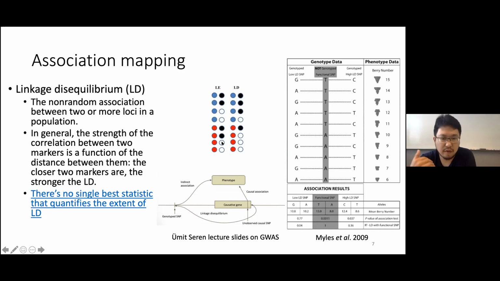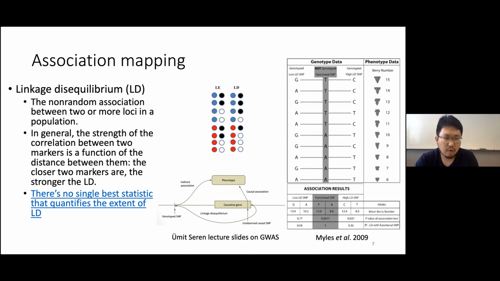So they're completely random. But if the population is not under Hardy-Weinberg equilibrium, you will see that, as illustrated here, the chances of the blue allele appearing with the black allele, and the red allele appearing with the white allele, are much higher than other cases, like the blue allele versus the white allele. So this is the phenomenon of LD.